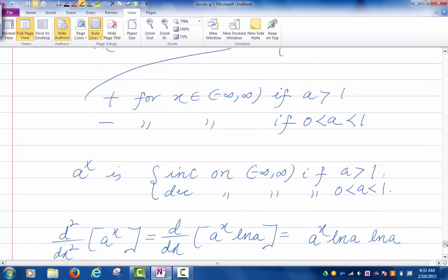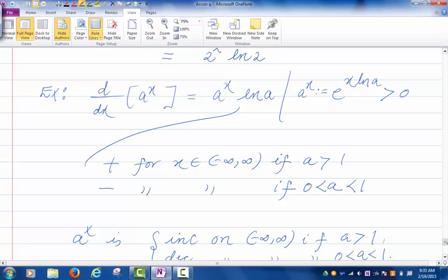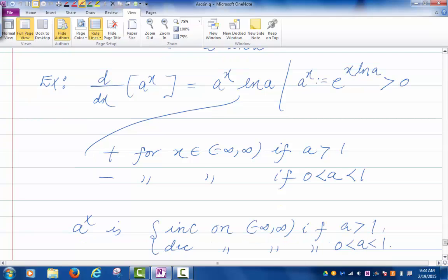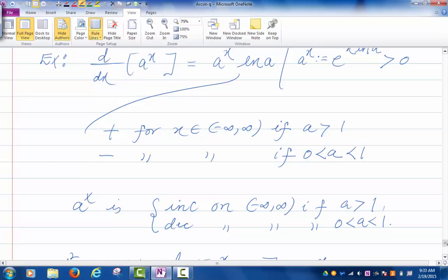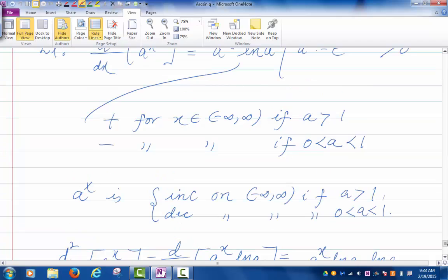When we looked at the first derivative of a to the x, we saw that the first derivative is positive for any x when a is greater than 1, and the first derivative is negative when a is between 0 and 1, for any x.